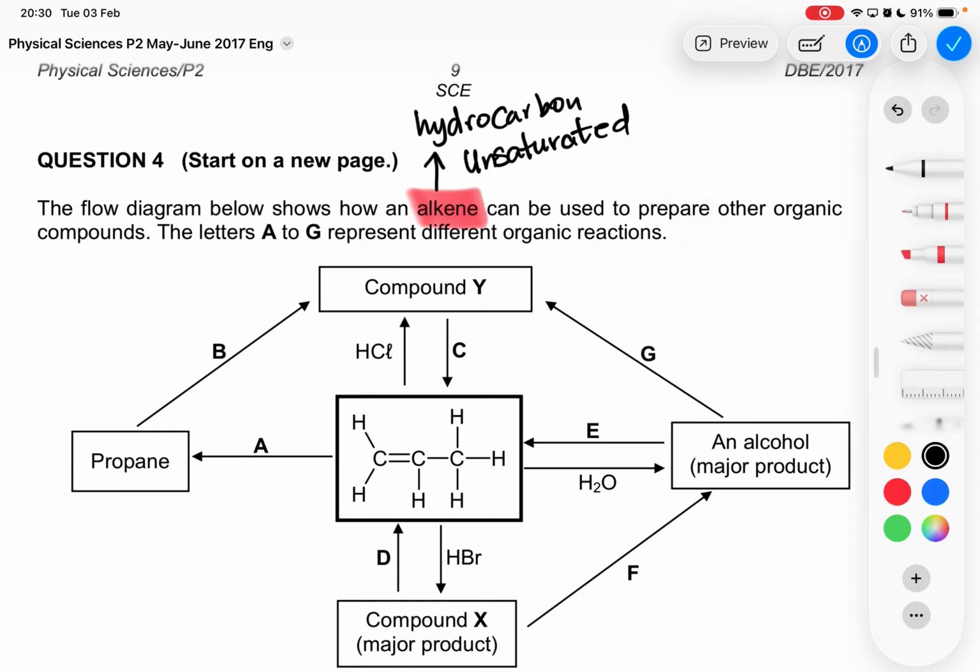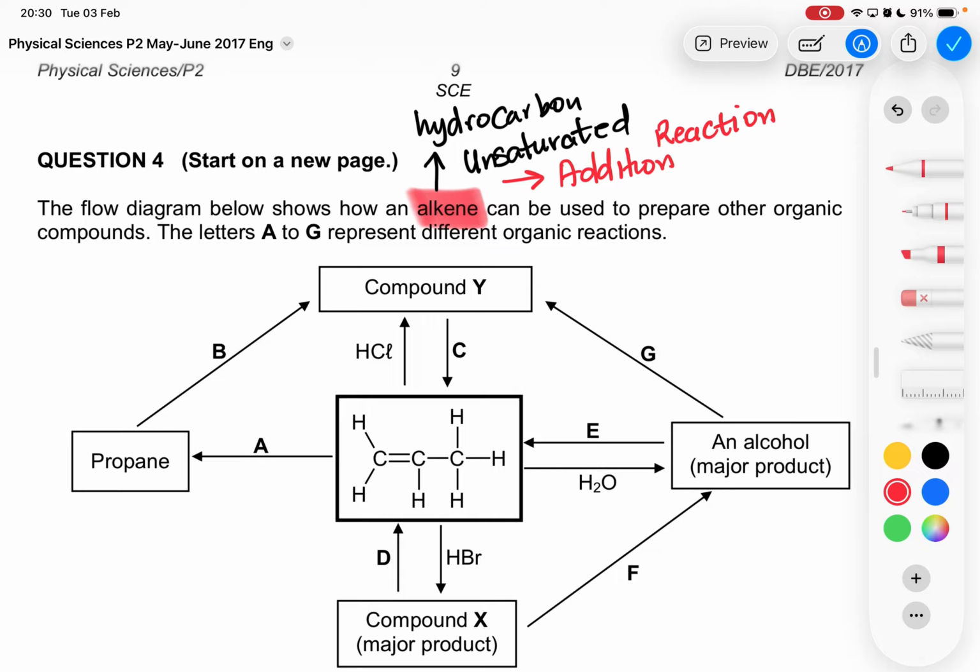Since we are dealing with chemical properties, we expect this compound to undergo addition reaction, so that we can break down the double bond and new atoms can be attached to the carbons that were supporting the double bond.